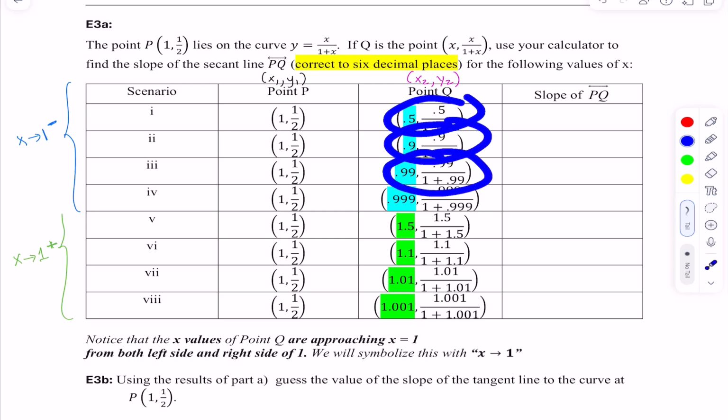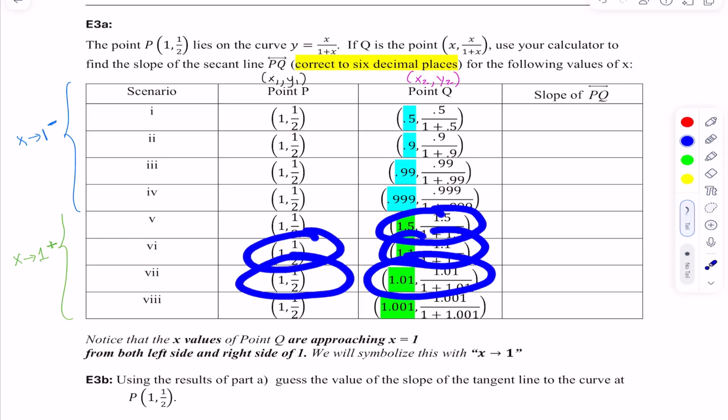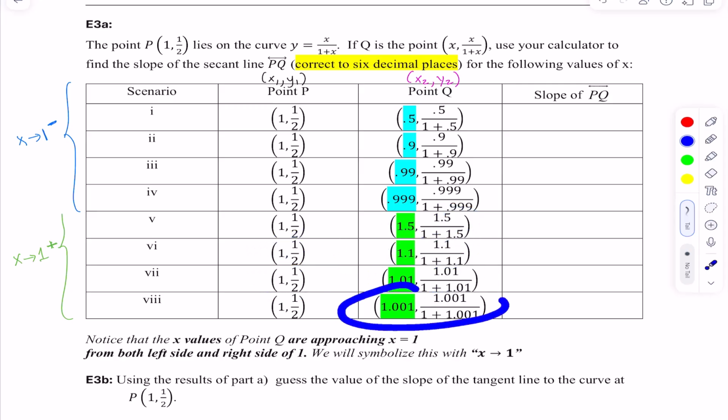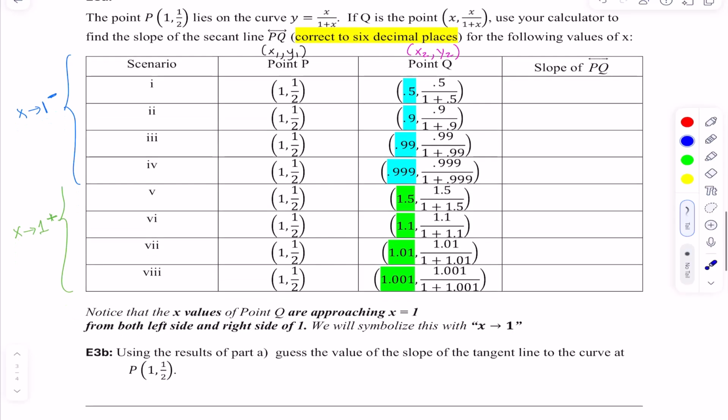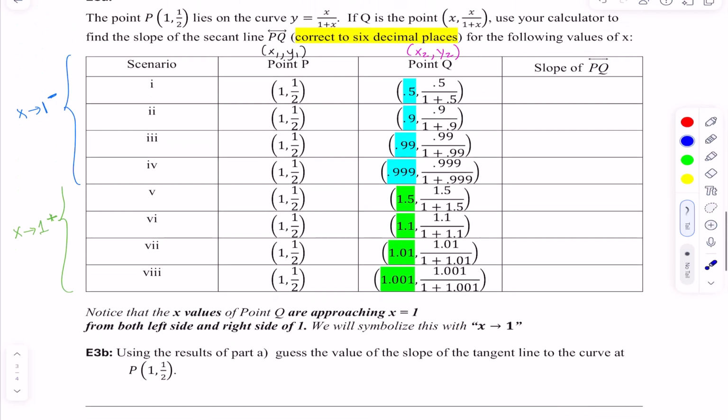We're going to compute the average rate of change, or in this case, the slope between 2 points, just like you do from algebra class. You're going to need a calculator. So go ahead and crunch these numbers just like you did in the previous 2 examples, and make sure you are getting these decimal approximations.